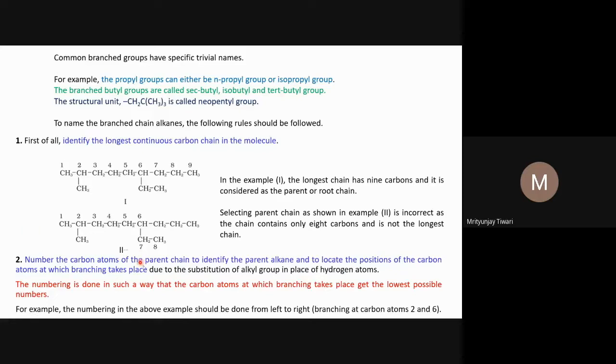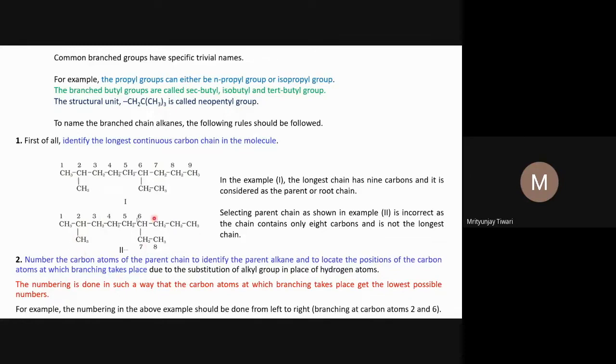We number the carbon atoms of the parent chain to identify the parent alkane, and also to locate the positions of the carbon atoms at which branching takes place due to the substitution of alkyl groups for the hydrogen atoms. So we have to identify those positions at certain carbon atoms at which the hydrogen atoms are substituted by certain alkyl groups.